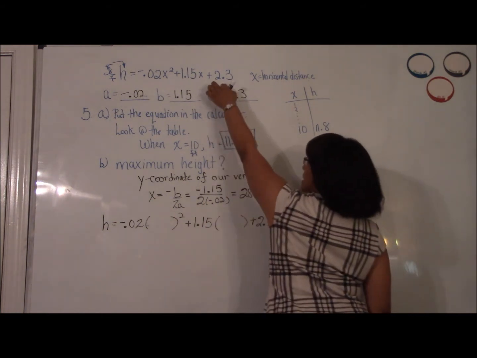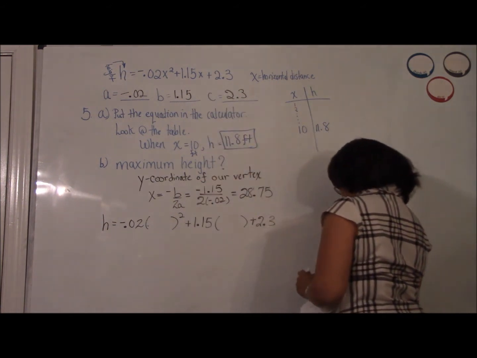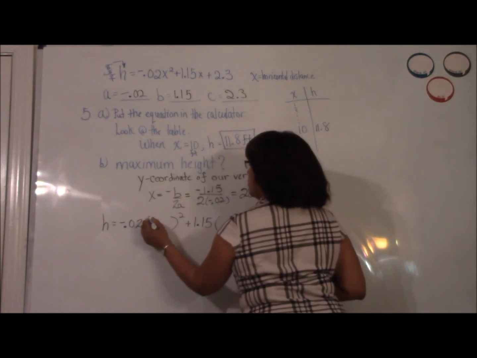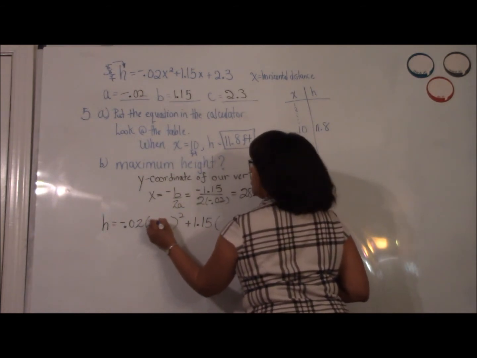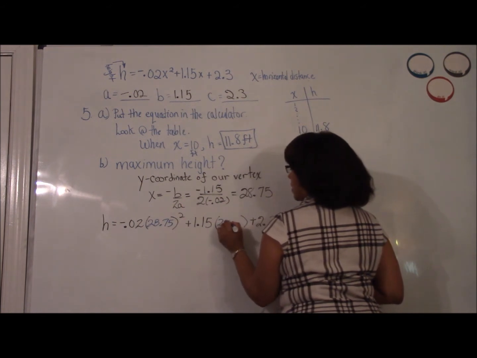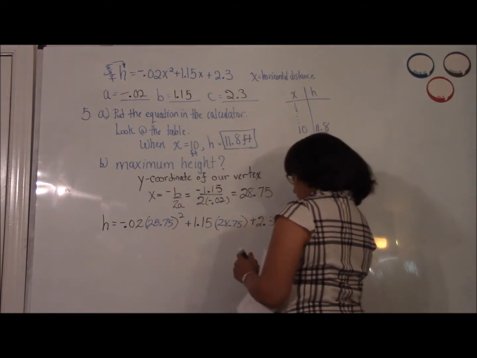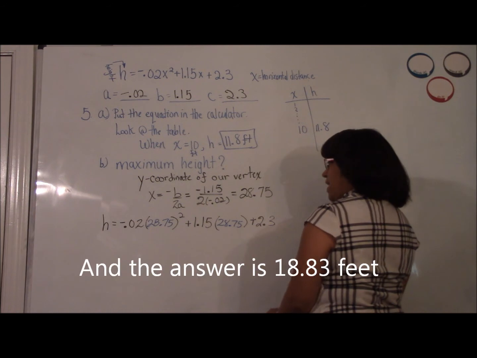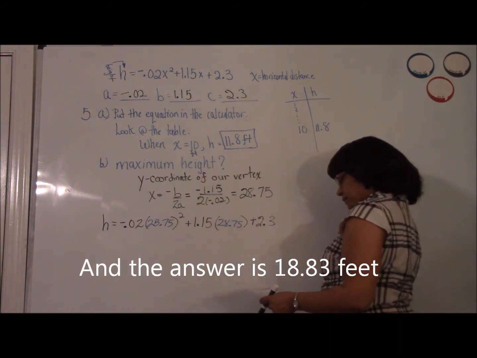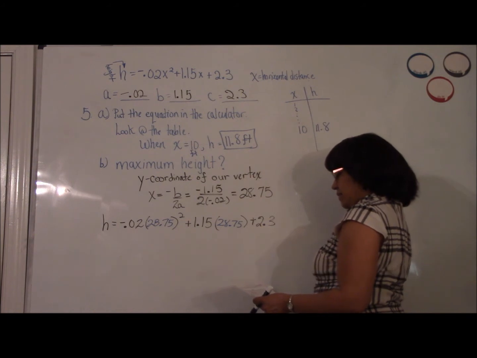So I took this equation, and now I'm going to plug in what we got for x into x for our quadratic equation. All right, go ahead and do that. Figure that all out. Use your calculator if you'd like, that will save you time.